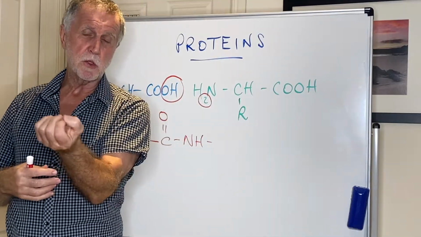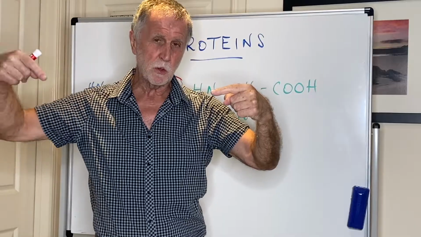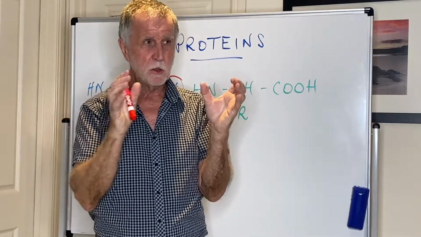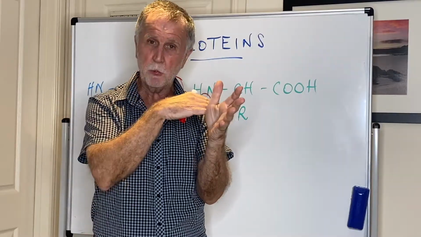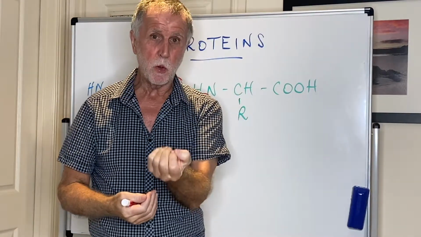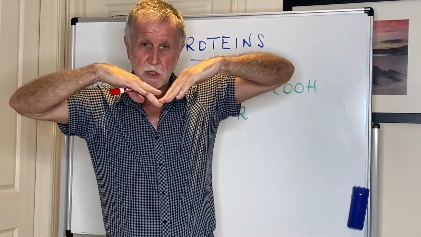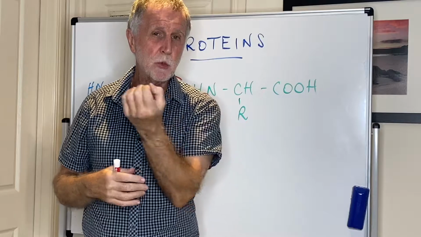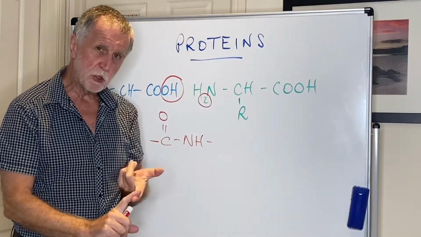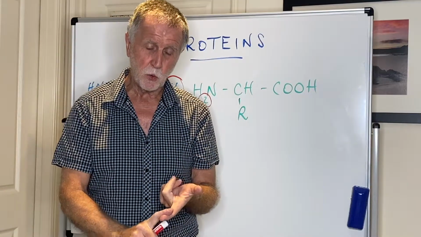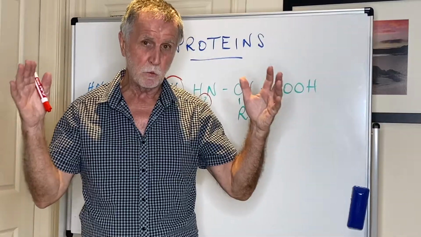Now, there are 2 types of secondary structure. Firstly, you can get a kind of spiral, which is called an α-helix, and they tend to have every 3rd or 4th amino acid linking to a previous one through hydrogen bonds. You can also get a kind of β-pleated sheet, which is like a zigzag. And again, hydrogen bonds hold that together as well. So the secondary structure is an α-helix or a β-pleated sheet, and hydrogen bonds hold it in that conformation.